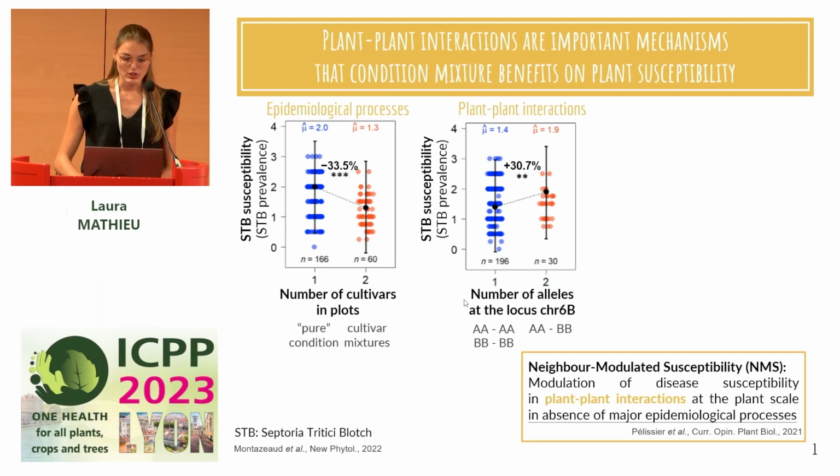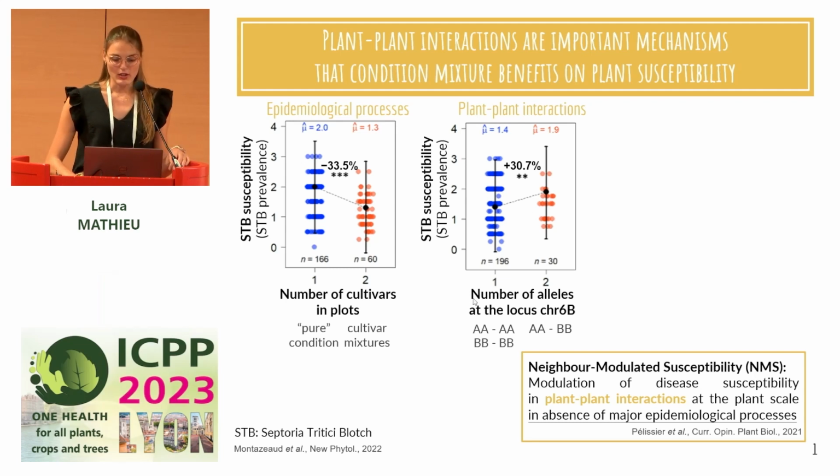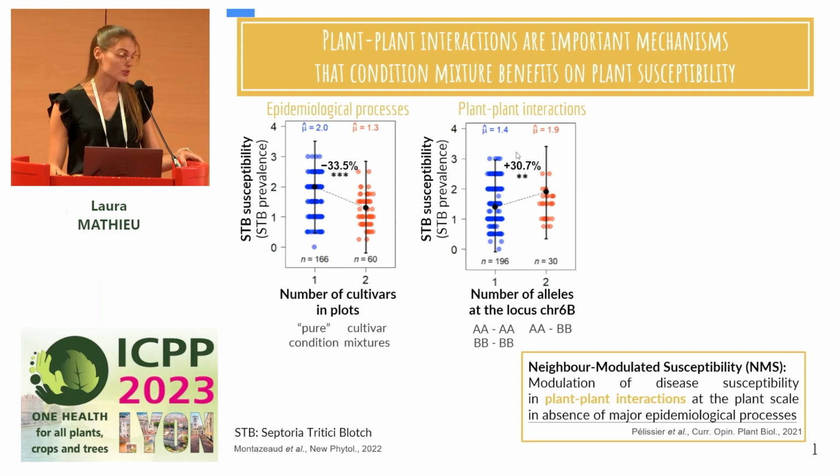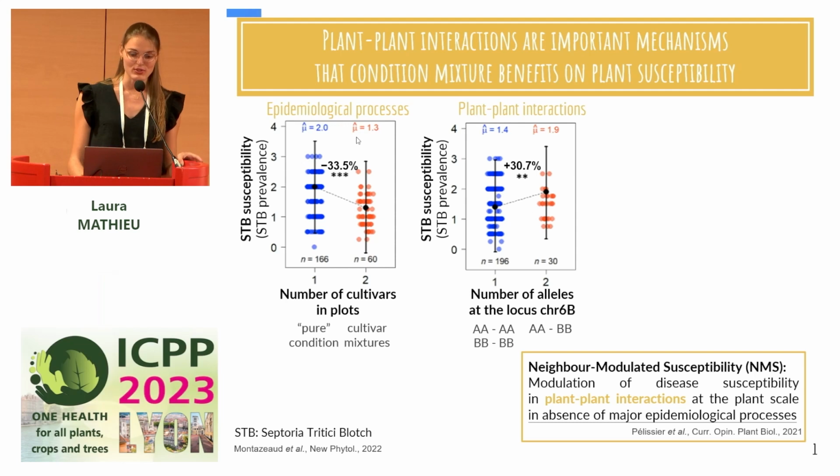But when they did a genome-wide association study, they identified a locus at chromosome 6B where the allelic diversity, for example the focal plant which has the allele AA and the neighboring plant which has the allele BB, is positively correlated with the STB severity. These changes of susceptibility are of the same order of magnitude as the changes due to epidemiological processes. So this shows the importance of plant-plant interactions in mixtures.